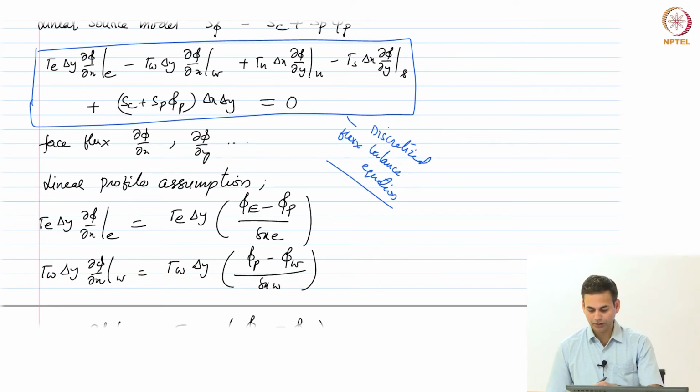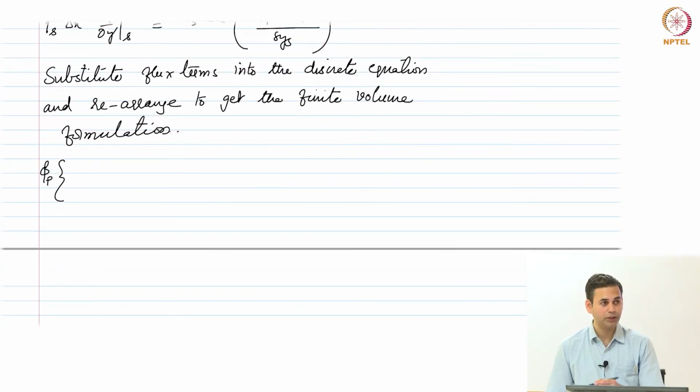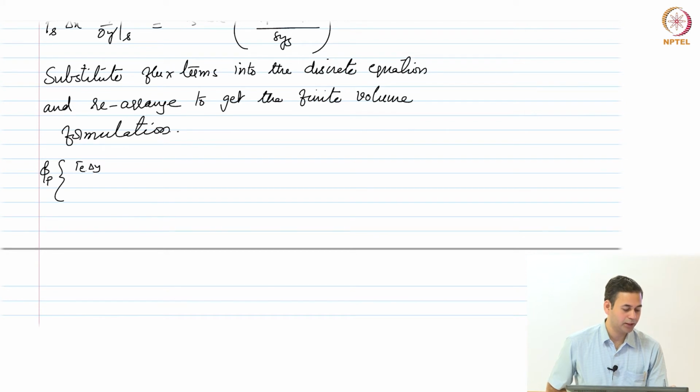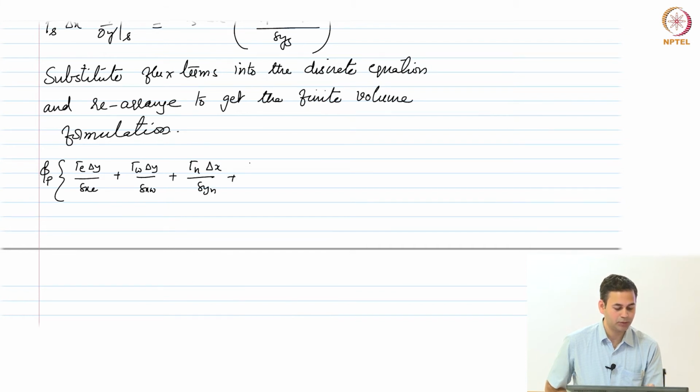What are the coefficients, anybody, for phi P? Gamma east delta y upon del x e, right, plus gamma west delta y by del x w plus gamma north delta x upon del y north plus gamma south delta x upon del y south.